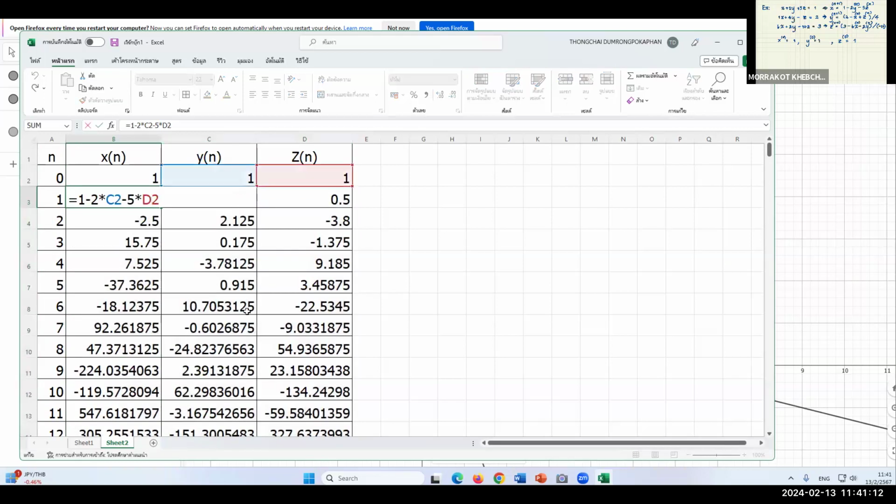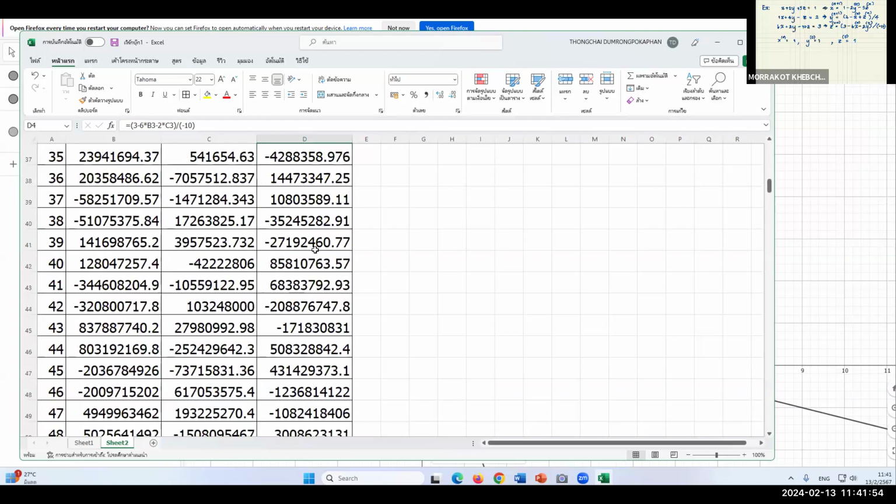Let's check. x1 is 1 minus 2 times y, which is the blue one, minus 5 times the red one. y(n) is 2 minus x plus z, divided by 4. z is 3 minus 6x, x is blue, minus 2 times y, divided by minus 10. Oh, this doesn't work, right? It's getting larger and larger and larger.